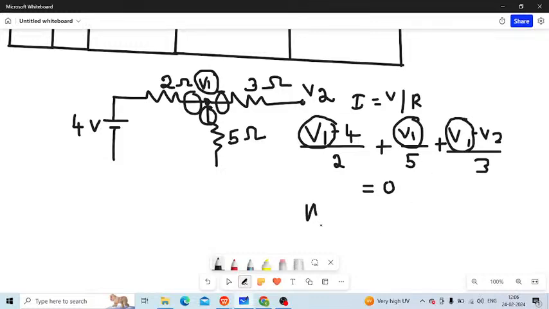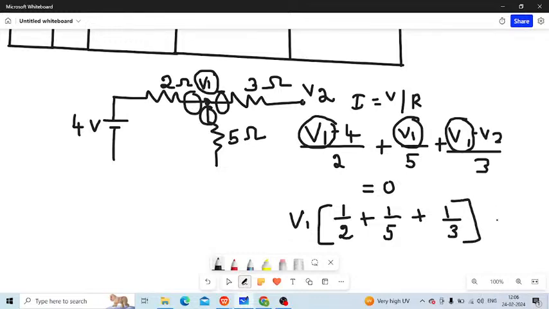So it is V1 into (1 by 2 plus 1 by 5 plus 1 by 3), since we have taken V1 as common. Then minus V2 by 3, which is equal to 4 by 2, which I can call 2. The minus 4 by 2 I shift to the right hand side and get 4 by 2, which is 2. In a similar way, you're going to solve for all the nodes, right?